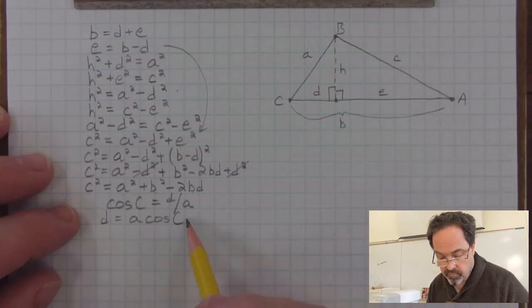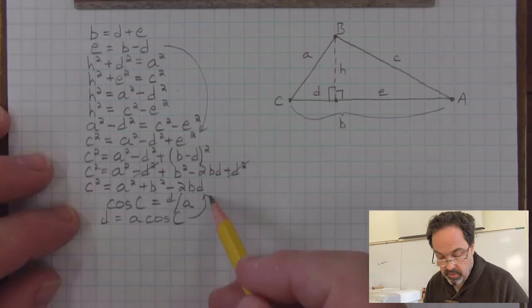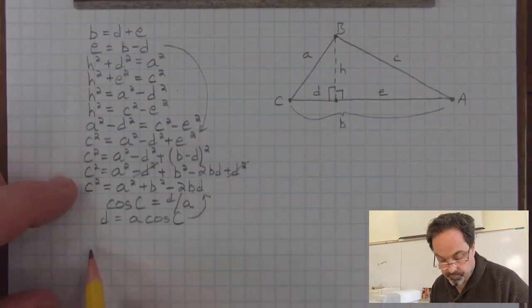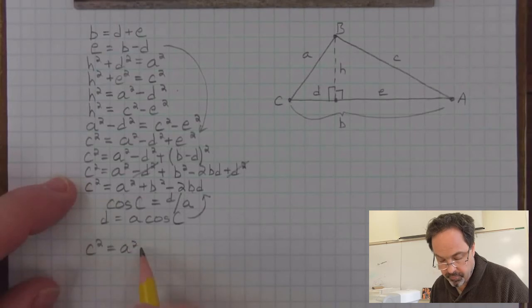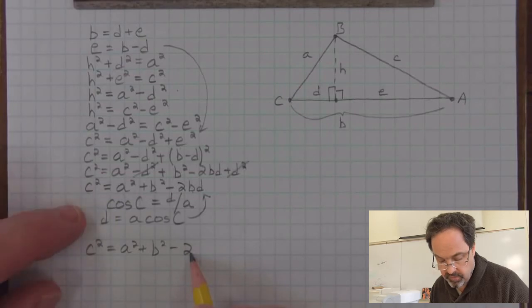So if I substitute that expression in for D here, then I get c squared is equal to a squared plus b squared minus 2, now substituting in for D, a times the cosine of C times b, to finish up.